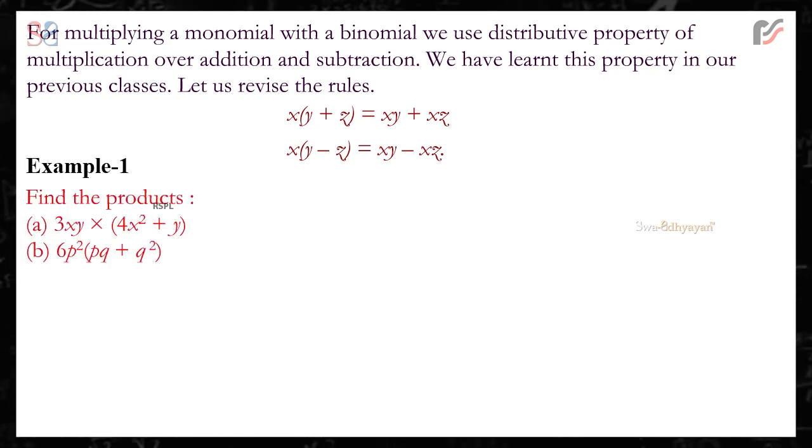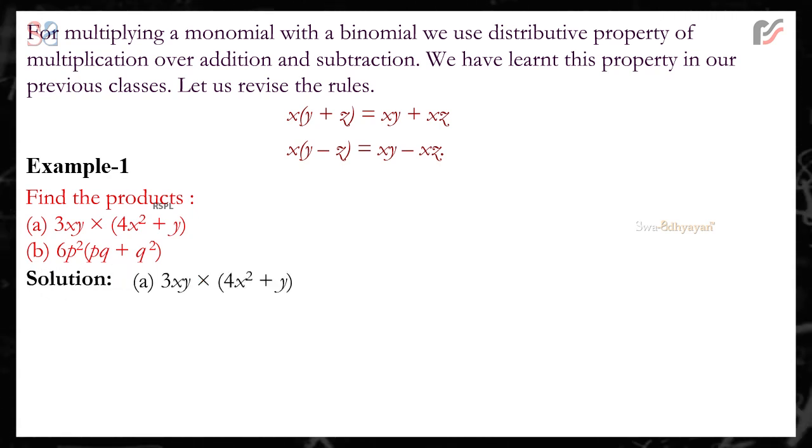Example 1. Find the products. a. 3xy into (4x square plus y). b. 6p square into (pq plus q square).